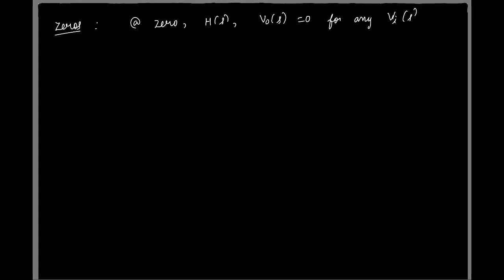Say you have a quantity V naught of S to be some V of S. What is the simplest linear operation you can do to get this quantity to go to 0? Let's not go to infinity, it's much simpler. What is the simplest operation you can do to this so that it becomes 0? Minus the same thing. That's all.